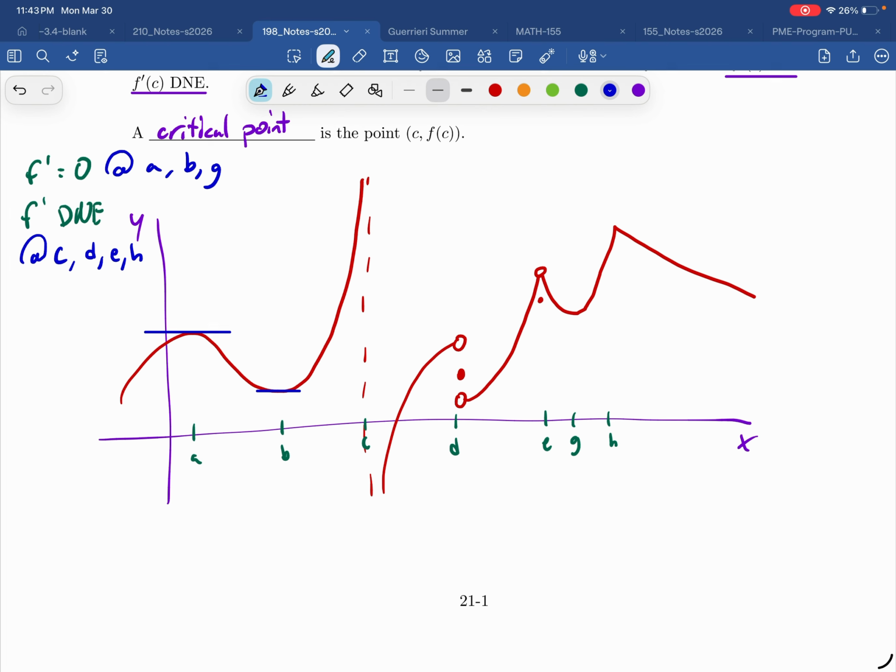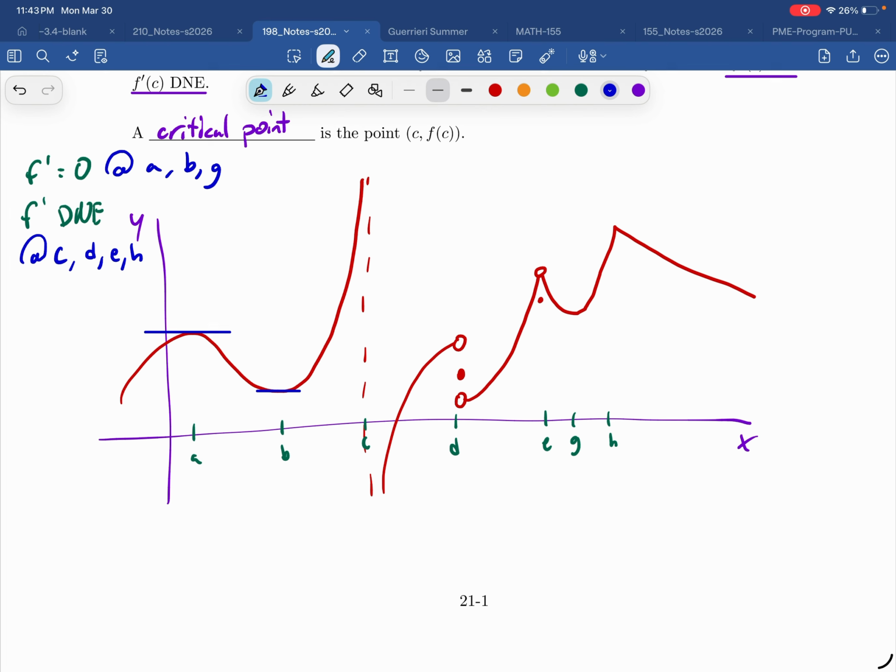Actually, let's make this a little more interesting and do one of these guys. There we go. Let's do that, right? And we have some points of interest. I'll call these A, B, C, D, E, G, H. That's a G, not a J.